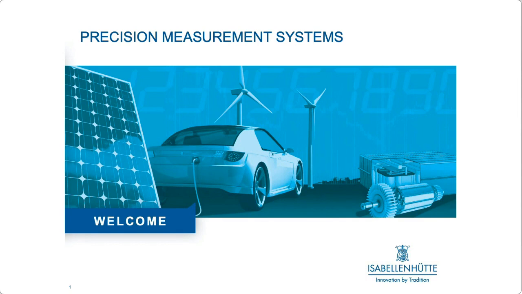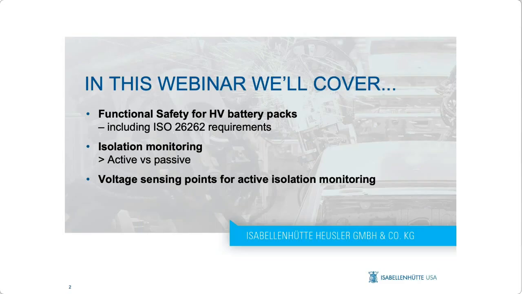Smart Sensing Considering the Functional Safety Aspect in High Voltage Battery Systems. In this webinar, we'll cover mainly three topics. Functional safety for high voltage battery systems. This will include an overview of the ISO 26262 requirements for smart sensing in these high voltage battery packs.